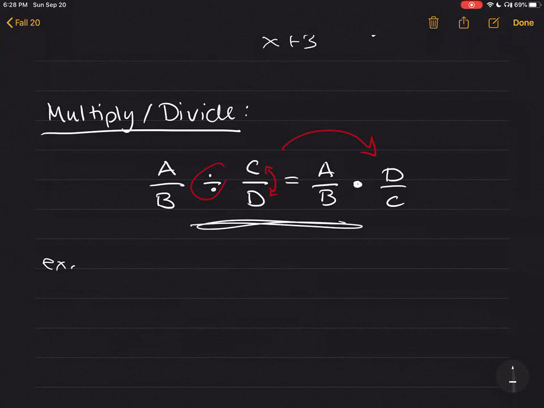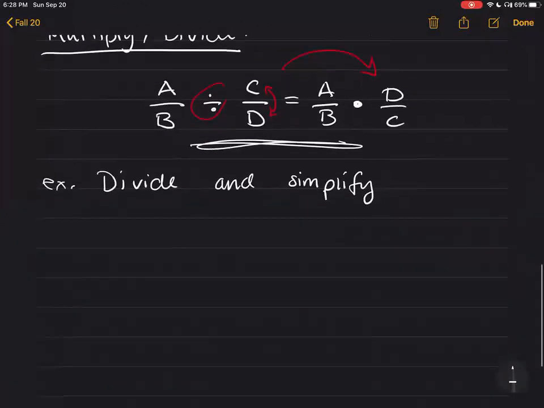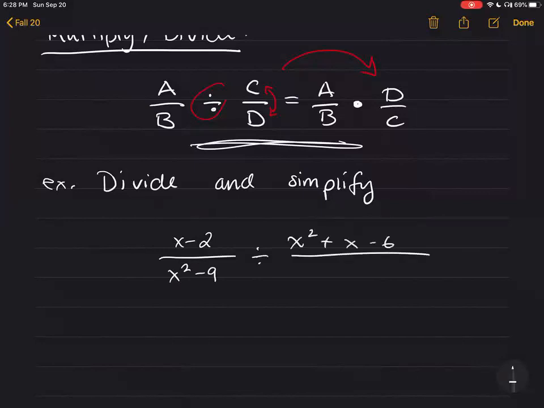So let's say we divide and simplify. Why don't we do x minus 2 over x squared minus 9 divided by x squared plus x minus 6 all over, let's do 2x squared plus x minus 15.